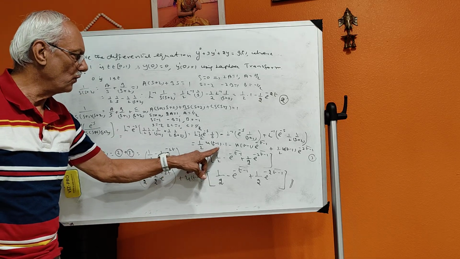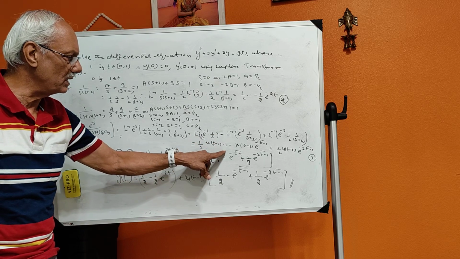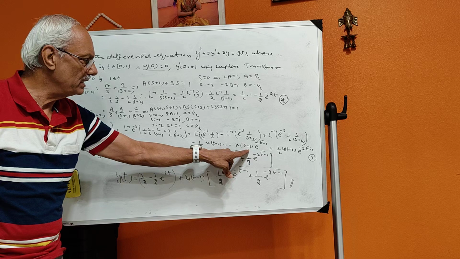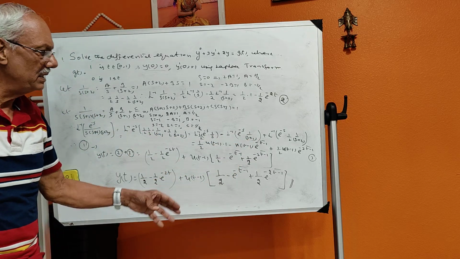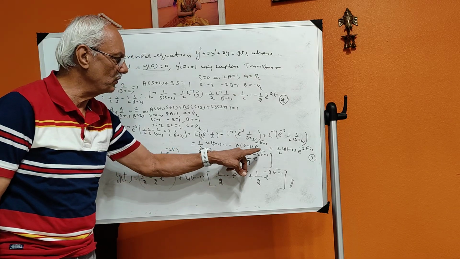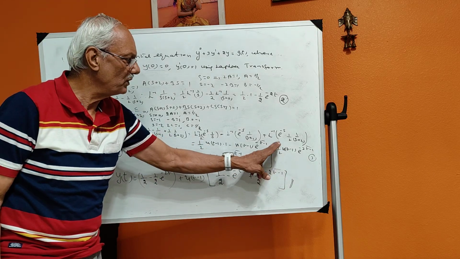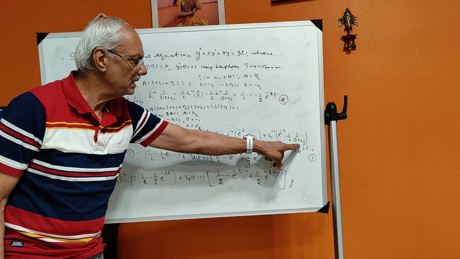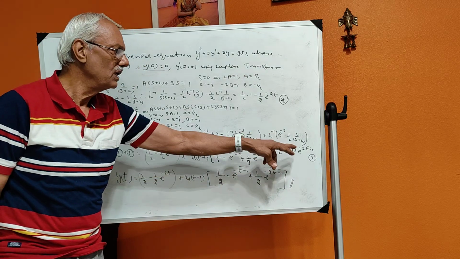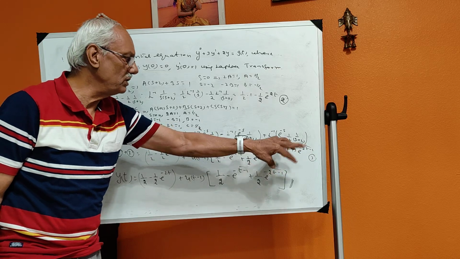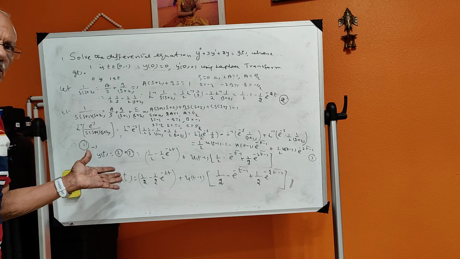Therefore, half of u of t minus 1 into the inverse Laplace transform of 1 by s is 1, and minus u of t minus 1 into the inverse Laplace transform of 1 by s plus 1, which is e to the power of minus t, but defined in the step function, therefore e to the power of minus t minus 1, plus half into u of t minus 1, and this is e to the power of minus 2t, defined in the step function, therefore minus 2 into t minus 1. Now substitute in equation number 1, which is nothing but y of t.